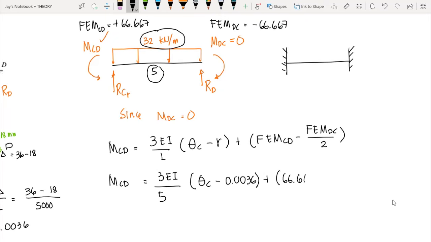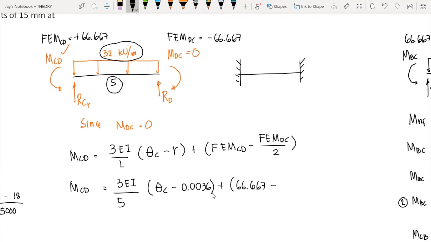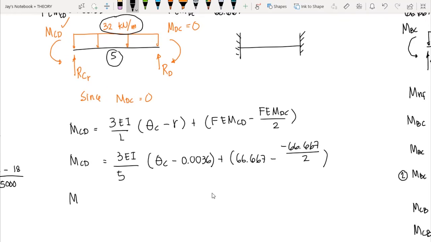So we have here 66.667 minus, if FEM DC is negative 66.667, divided by 2, and we further simplify this equation.